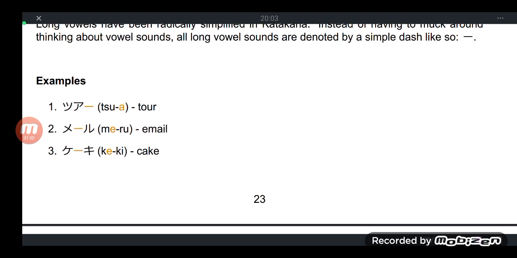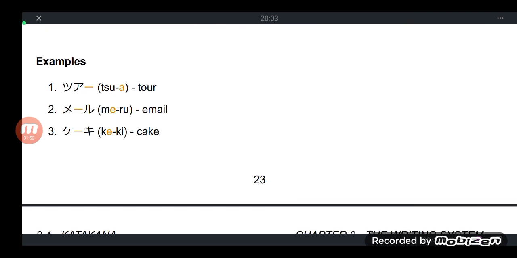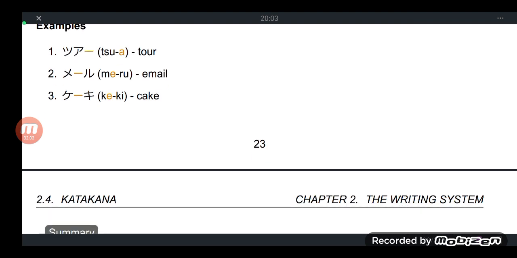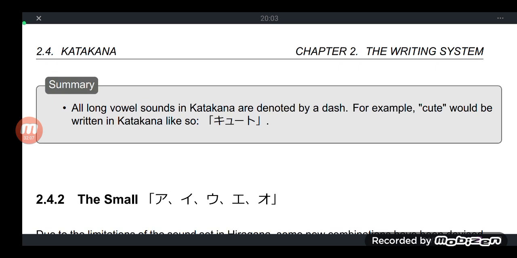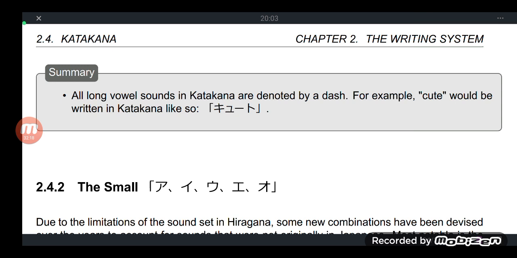Just like in tour, tuwa. In mail or email, meru. Notice that I prolong the e, meru. And cake, keki. So in summary, all long vowel sounds in katakana are denoted by a dash. For example, cute would be written in katakana like so.